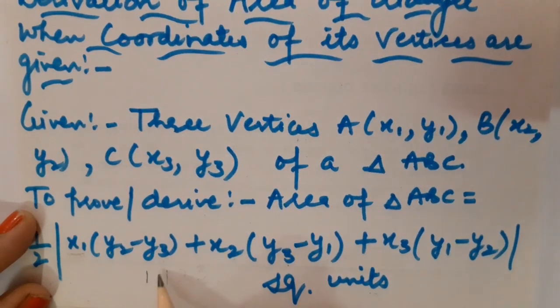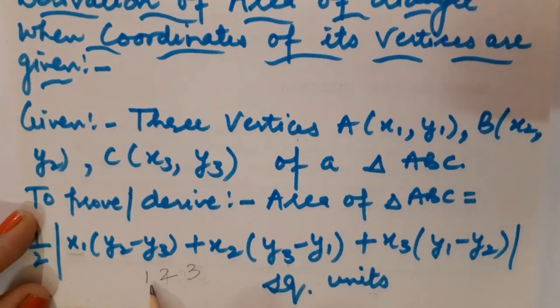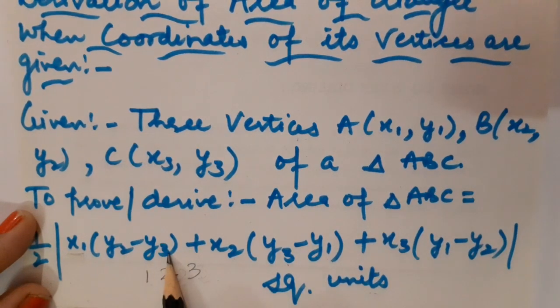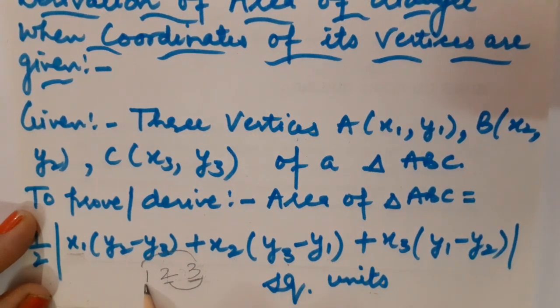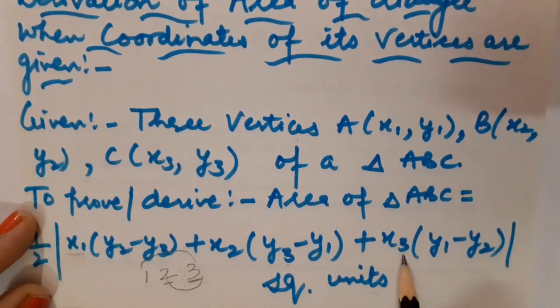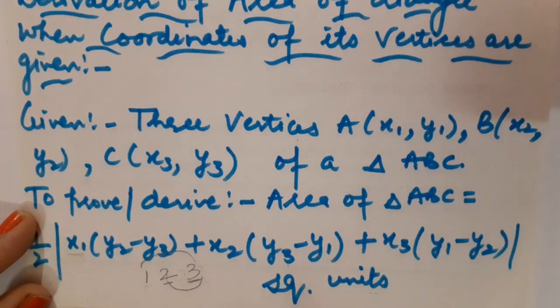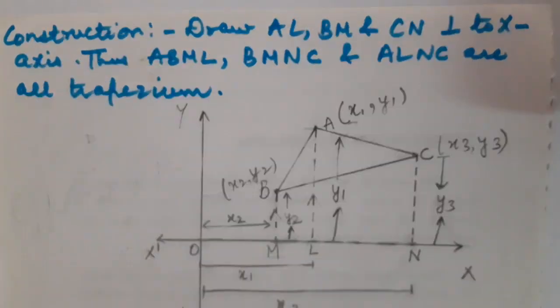You have to just keep 3 digits in your mind and move in the same order. First I have written 1, 2, 3. Then if I take the second first, after second, third comes and then ultimately 1. So this is 2, 3, 1. Then if you take the third one first, then 1 and 2 should come. So this is 3, 1, 2. So this is the way to memorize this formula.